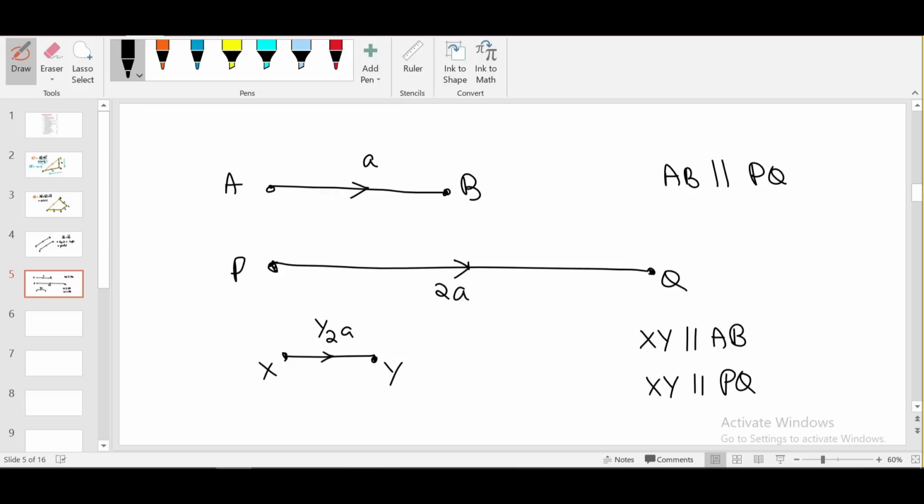If one vector is parallel to another vector, one should be a scalar multiple of the other. In vector notation, in general, we will write it as vector AB. Sorry, I forgot to put the vector arrow on everything. In general, we'll write it as AB equals lambda PQ. Do you know this letter?